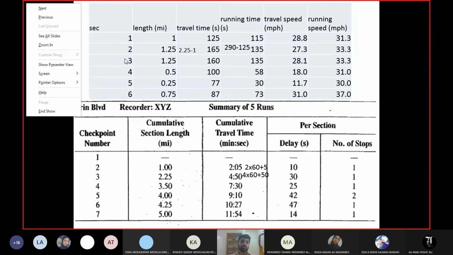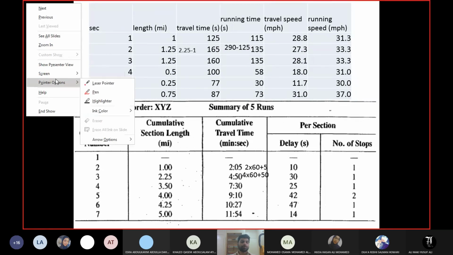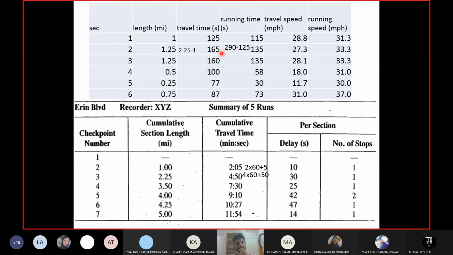So you calculate the travel time for each section. For the next one, first of all, convert 7 minutes 30 seconds into seconds, and subtract 290, which is 4 minutes 50 seconds, from it. So you will get the travel time for section 3 and so on.